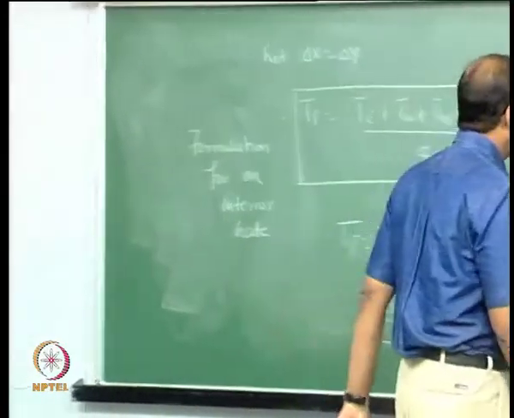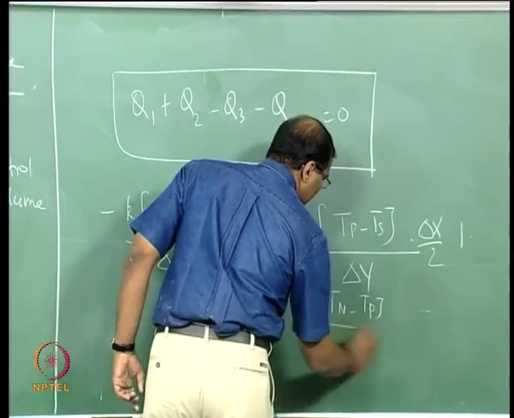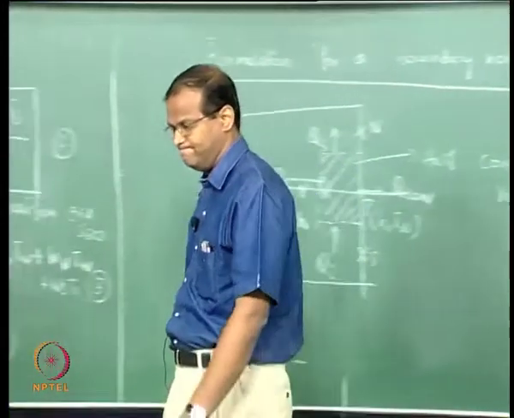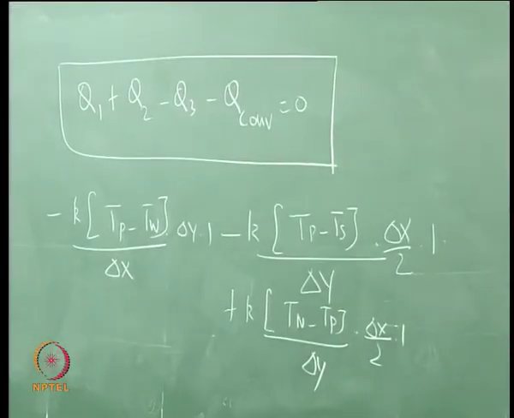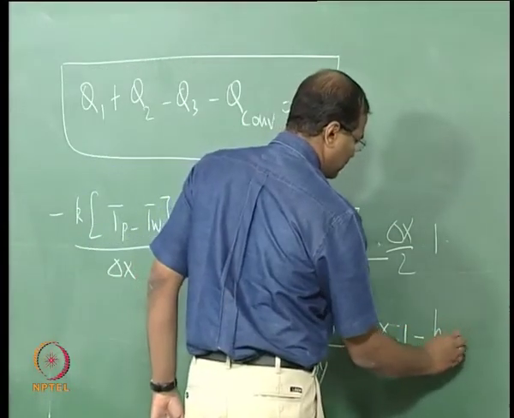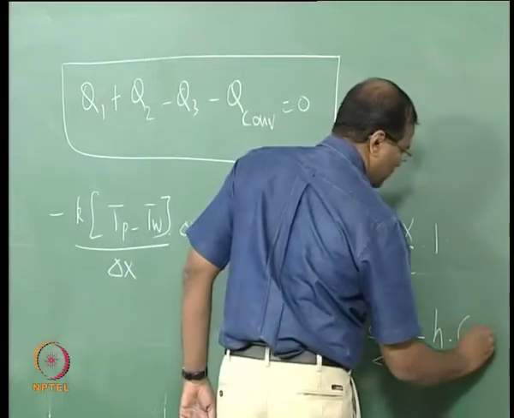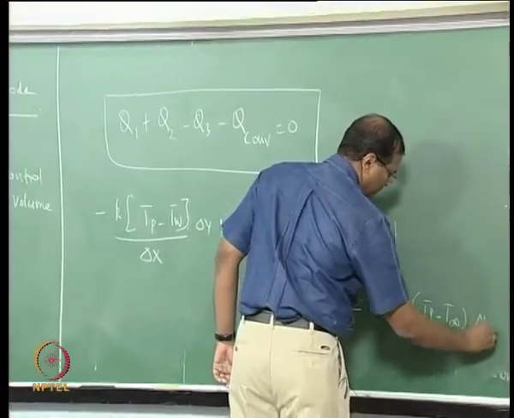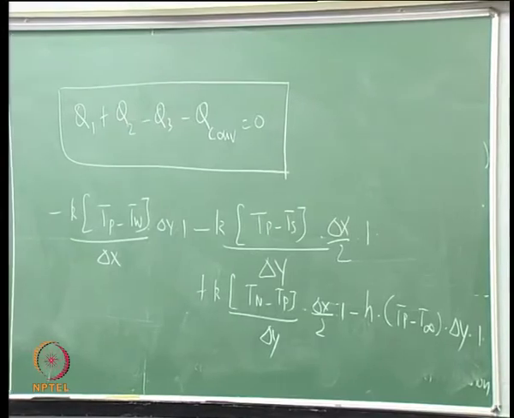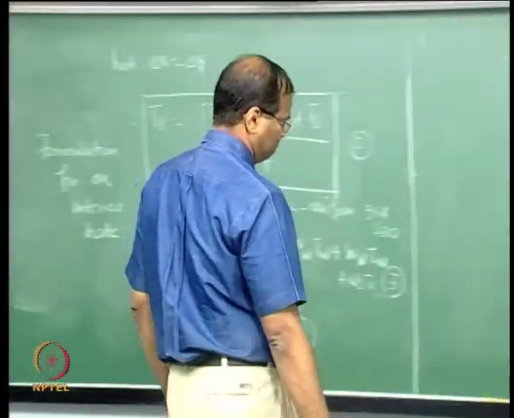What about Q3? Minus h into Tp minus T infinity, that will be positive, is equal to, very good, that is all.